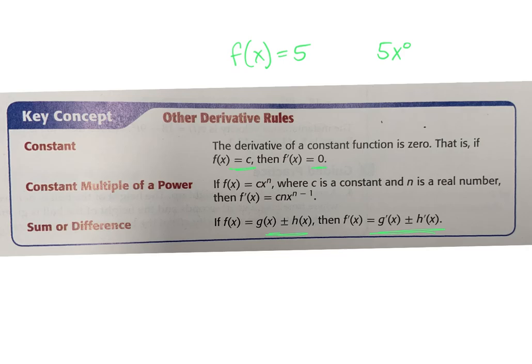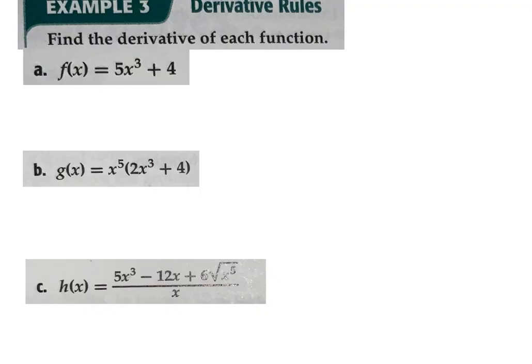So let's look at some of these. All right. I'm going to take the 3 and I'm going to multiply it in front. So I have 3 times 5, which is 15, and then my new exponent is going to be 2. And what happens to my 4? 0. It zeroes out. So that is my derivative. Okay. What about this guy? What do you want to do here? It's being multiplied.